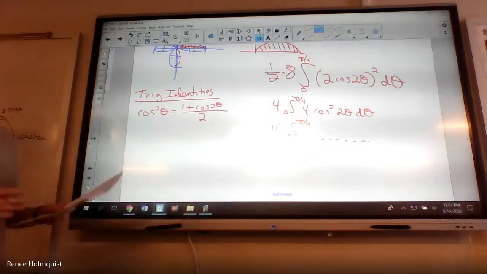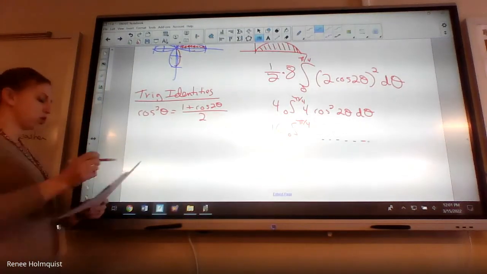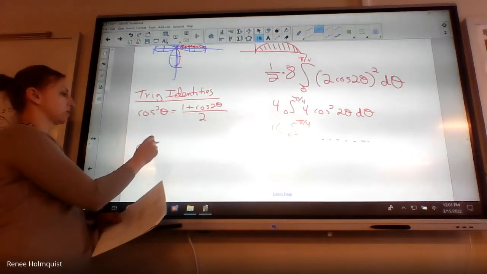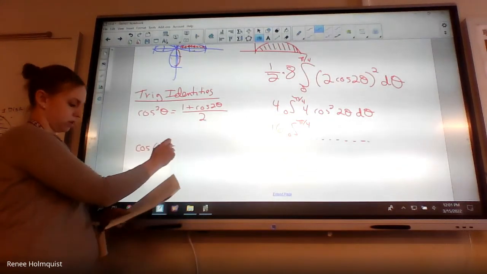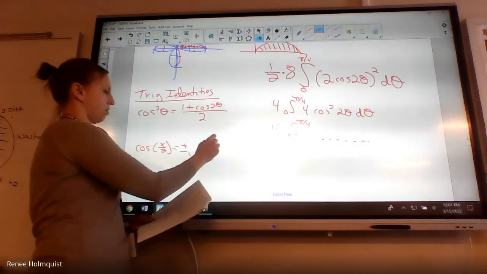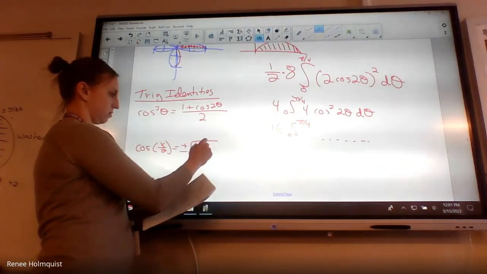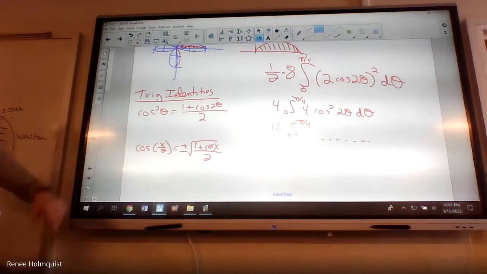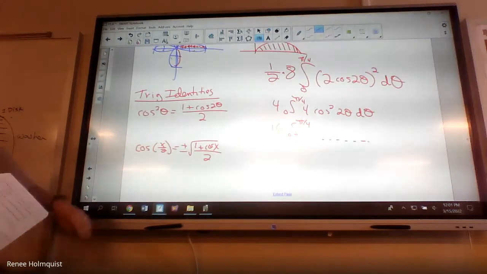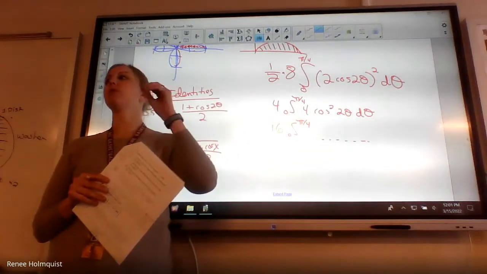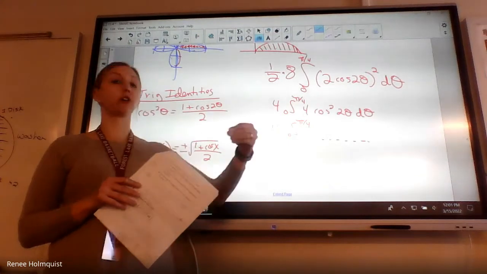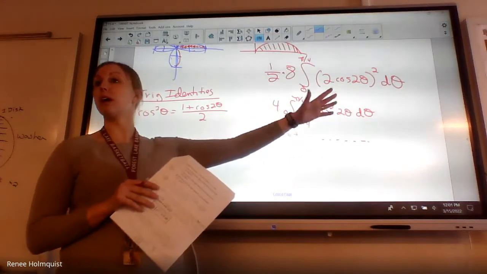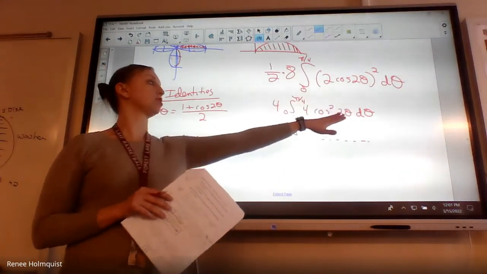Yep. The other identity you could use is that the cosine of x over 2 is plus or minus the square root of 1 plus cosine x over 2. The reason the second one can be used is that your argument, the thing that's inside the cosine, is 2 theta.